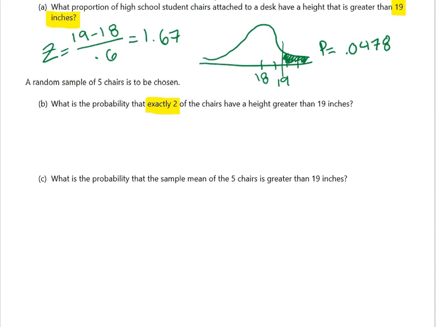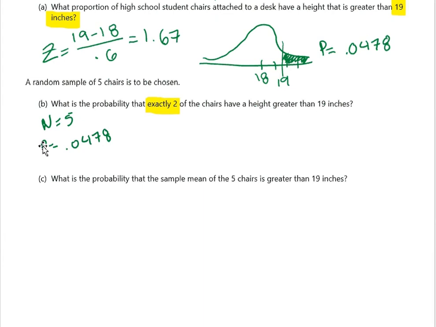My probability of success is fixed at 0.0478. And then I would like x to be equal to 2.